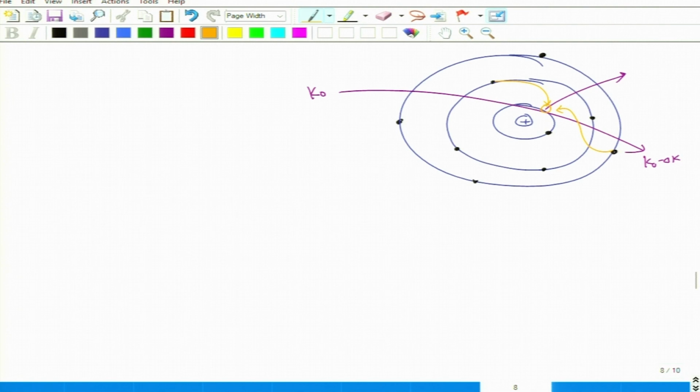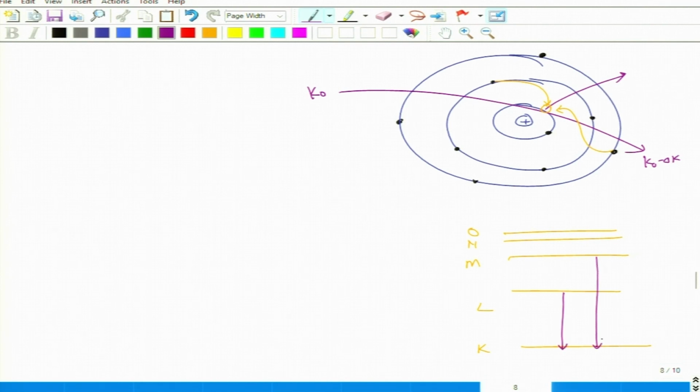Now from Bohr's hypothesis we know, let's say this is k, l, m, n, o and so on. So if there is a vacant spot in k, then one electron will come from l or m.